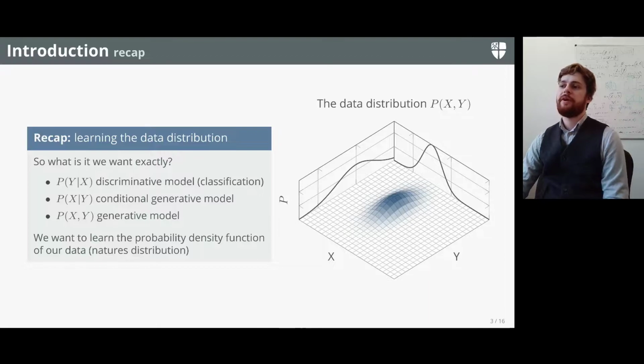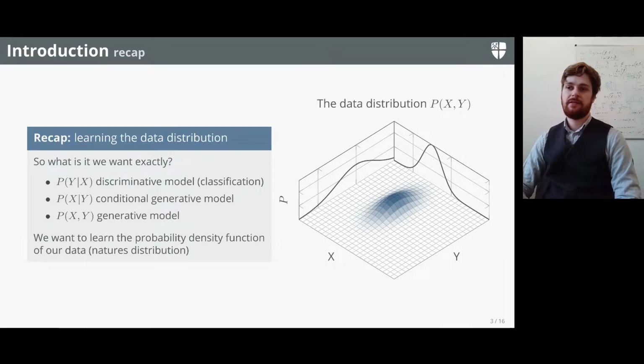Just a quick recap from the previous lecture, we discussed that we can taxonomize learning into three classes. We have the probability of y conditional on x, which was discriminative modeling, such as classification tasks. Then we had the probability of x conditional on y, which was our conditional generative modeling, like time series forecasting, predicting the weather given the previous week's sensory data, predicting faces conditional on age and gender, and so on.